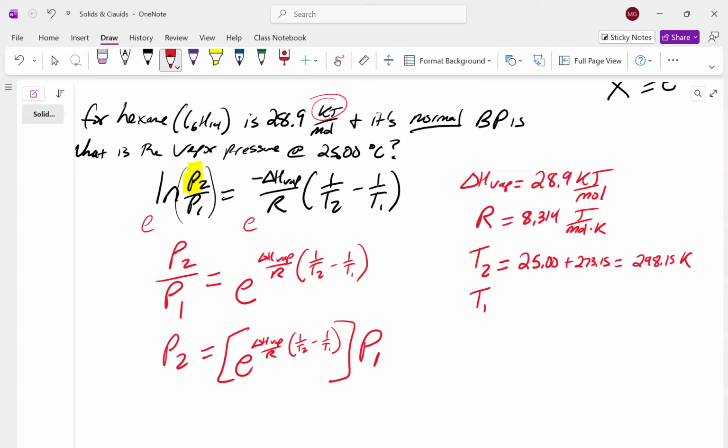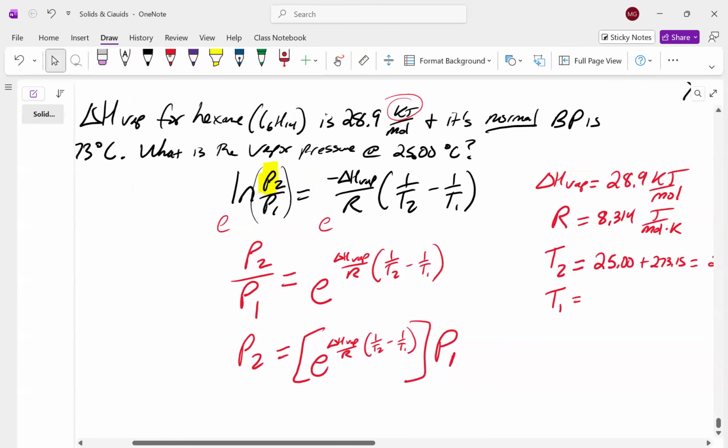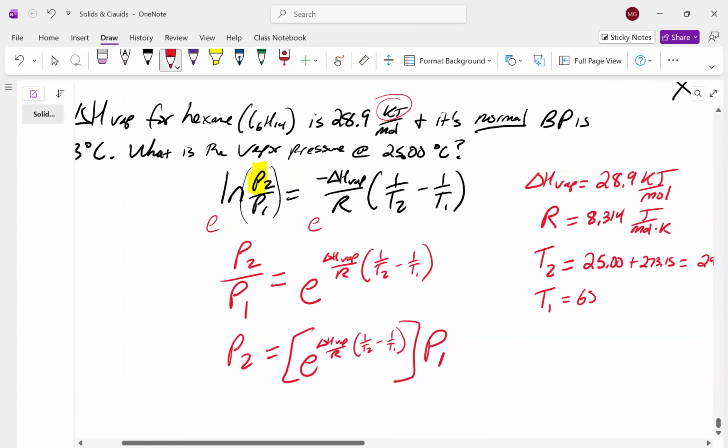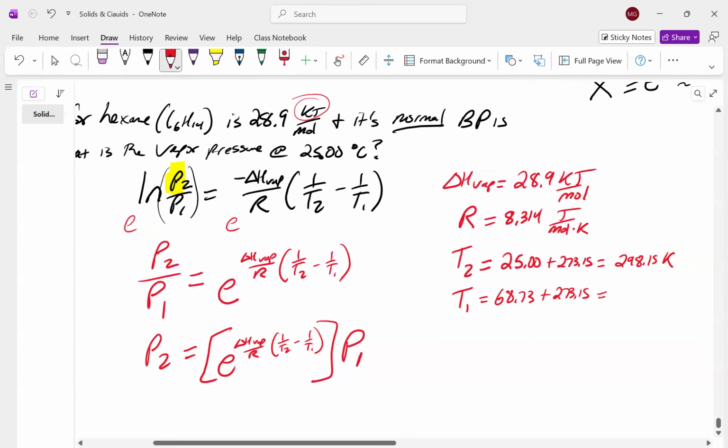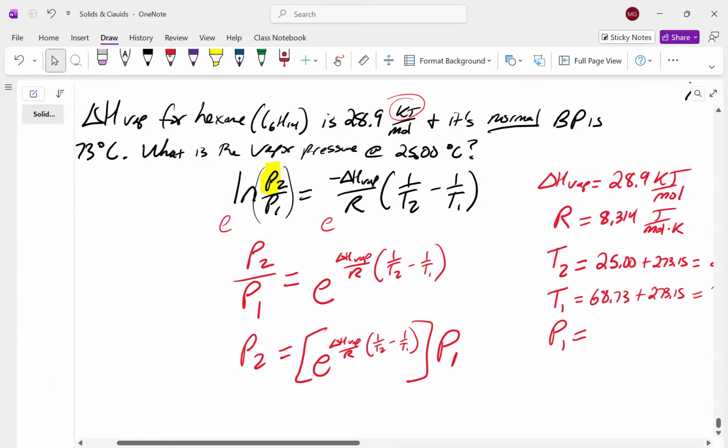And then T1 is our normal boiling point, so the 68.73, and I'm going to convert that to Kelvin as well. And that is 341.88 Kelvin. Now here's where things get a little weird. If we're solving for P2, we have to know what P1 is. We can't have an equation with two unknowns.